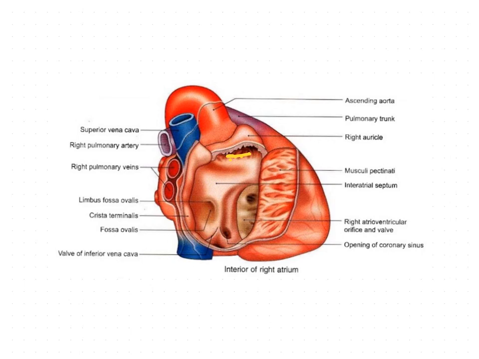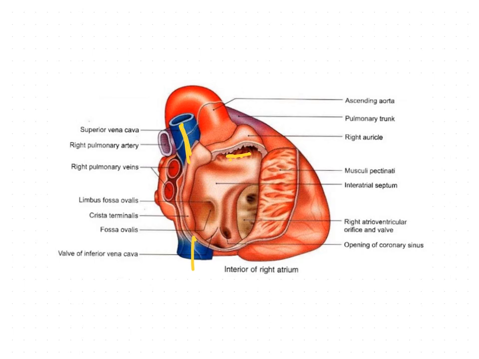The tributaries are the superior vena cava, inferior vena cava, coronary sinus, anterior cardiac veins, venae cordis minimae, and the right marginal vein. Out of these six, the majority of the tributaries open into the posterior part, except the anterior cardiac veins.